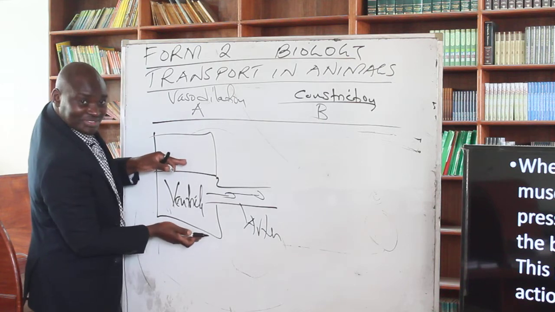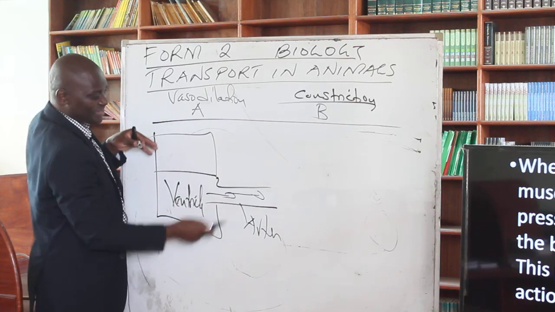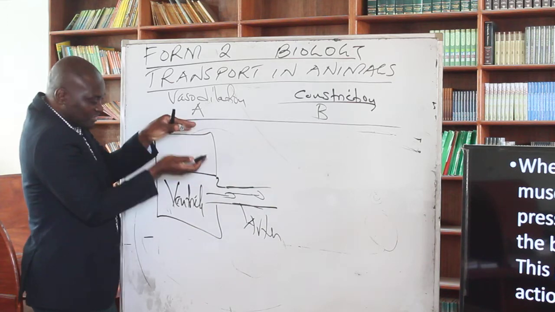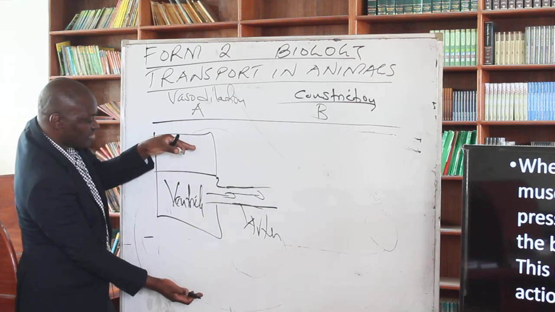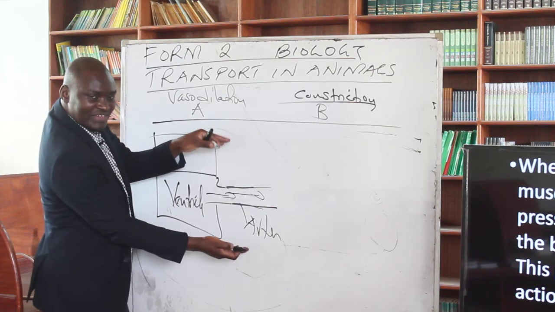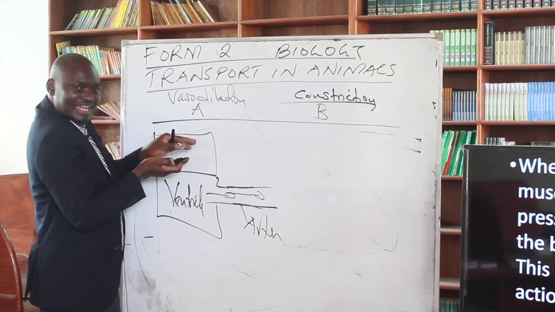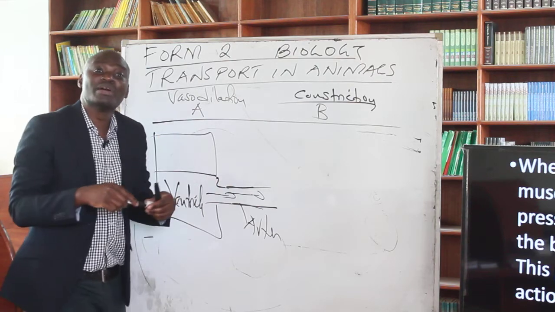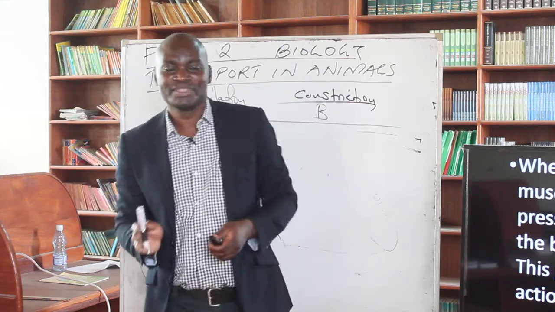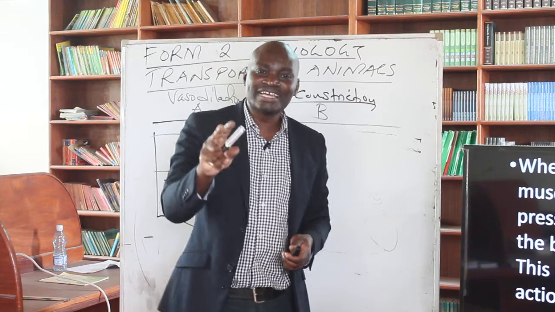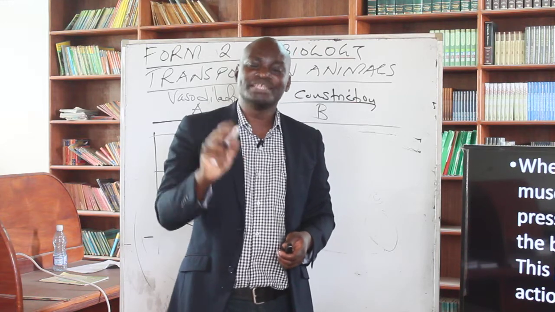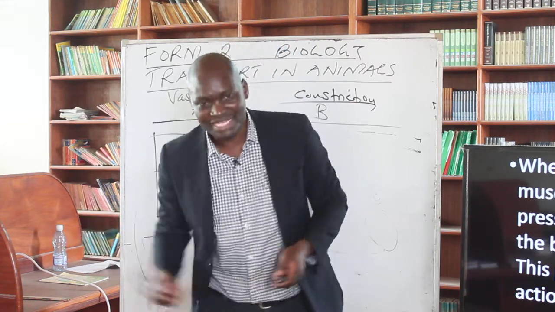When the ventricles relax, this artery must contract. So you see, as the ventricles contract, the arteries relax. When the ventricle relaxes, the artery contracts. So the blood in the arteries does not flow smoothly. The blood in the arteries flows in pulses. Pop, pop, pop. It does not flow smoothly.